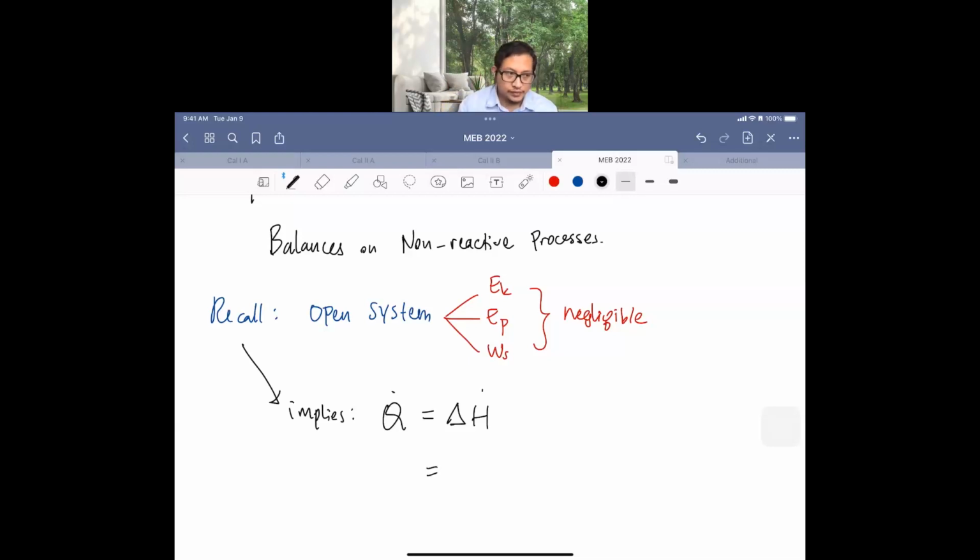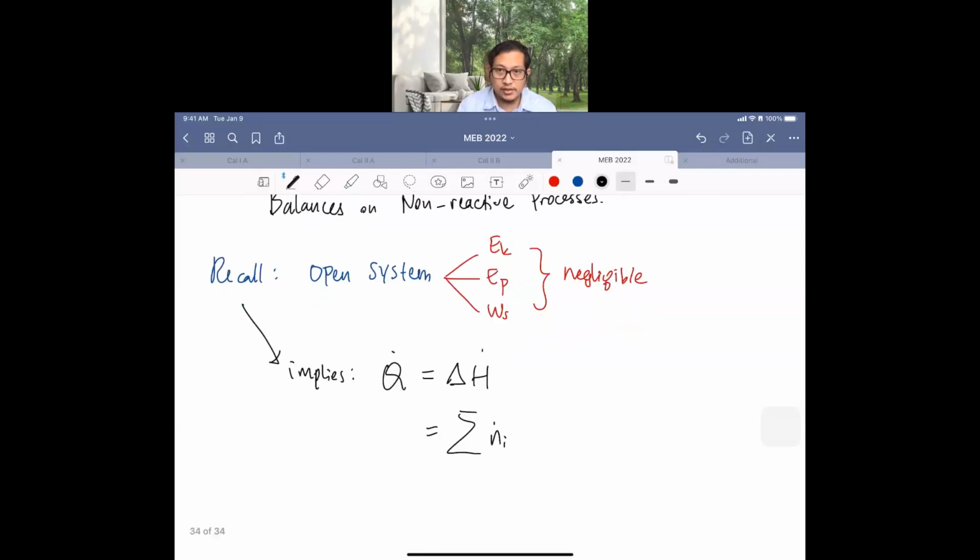And now we could have the delta. Since it's an open system, the mass will have some impact, and it gives the enthalpy some significance.